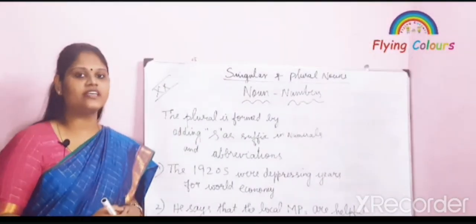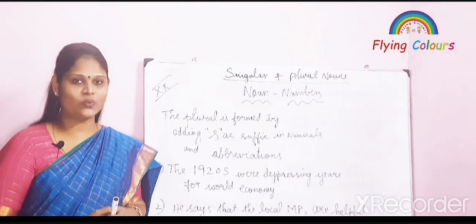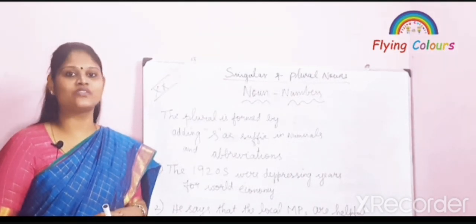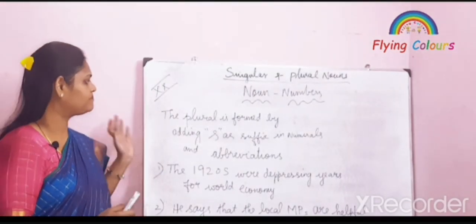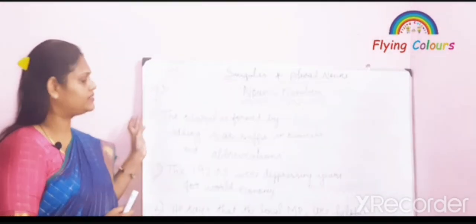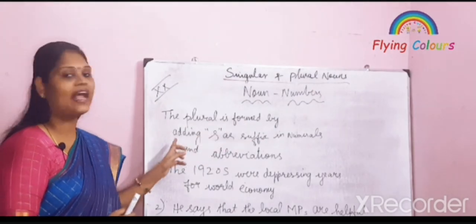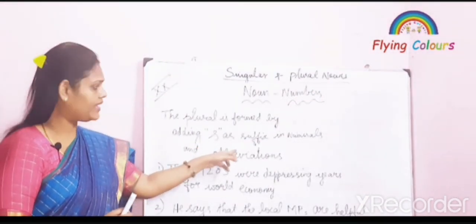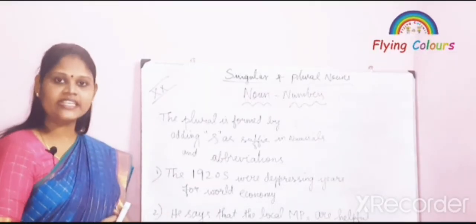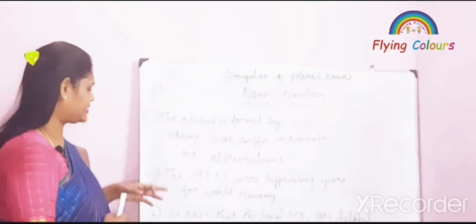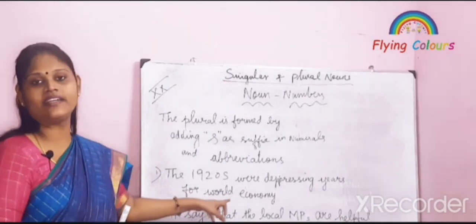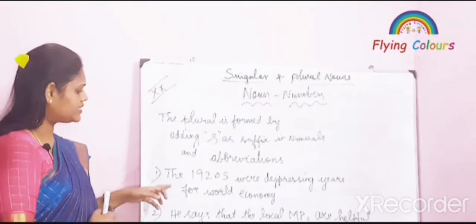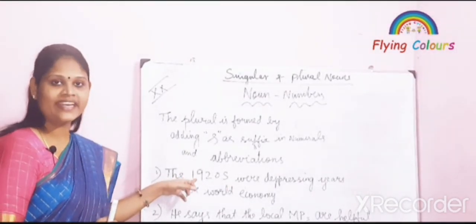So this is the 20th concept of noun numbers, which is otherwise called noun singular and plural. The plural is formed by adding s as suffix. Shall we see an example in numerals? The 1920s were depressing years for the world economy. This is an example for numerals, 1920s.